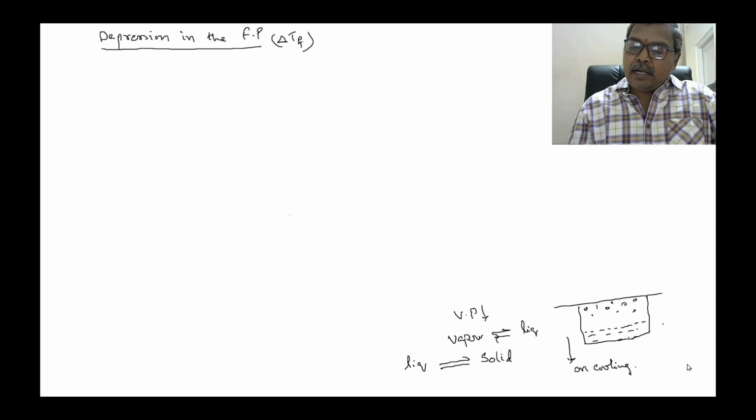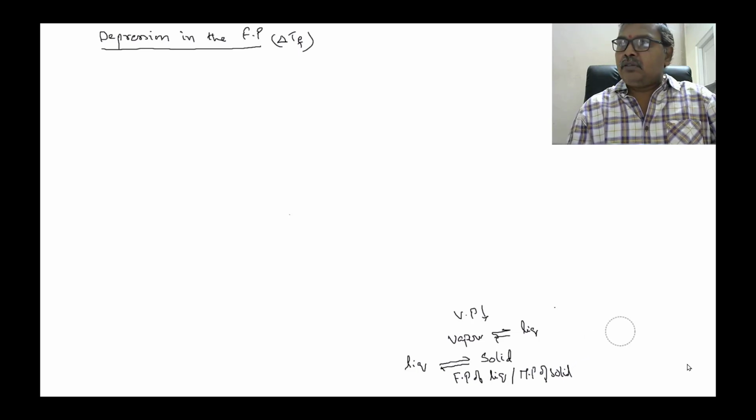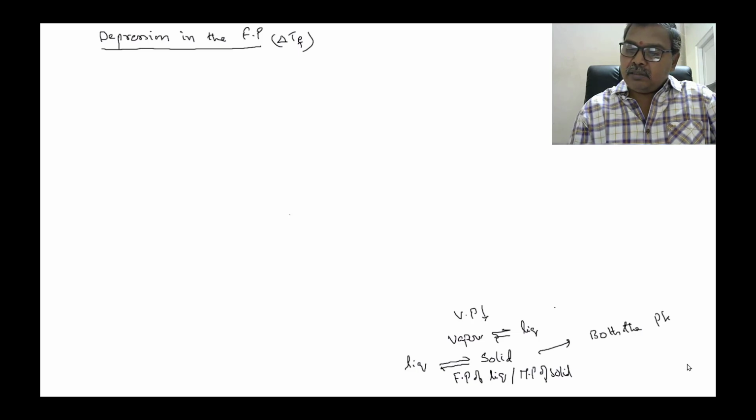Now, at freezing point of liquid or melting point of solid, both the phases exist, and both the phases are in equilibrium.